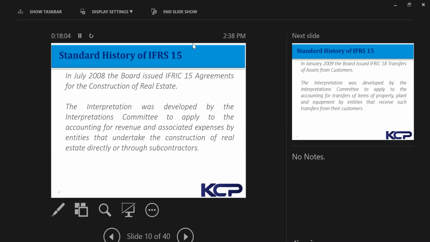The interpretation was developed by the Interpretations Committee to apply to the accounting for revenue and associated expenses by entities that undertake the construction of real estate directly or through subcontractors. You get it? While we are trying to identify each of these areas, it is to let you know how robust the existing IFRS 15 is.